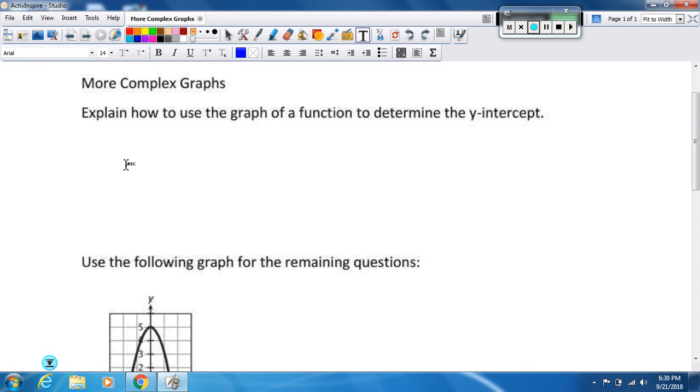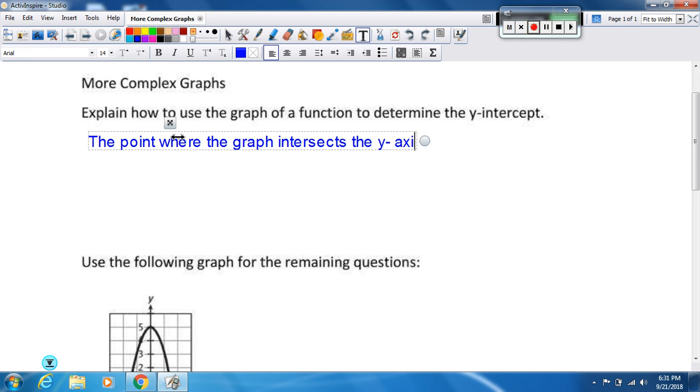So if you're going to explain it in words, you would say, the point where the graph intersects, meaning crosses, the y-axis is the y-intercept.